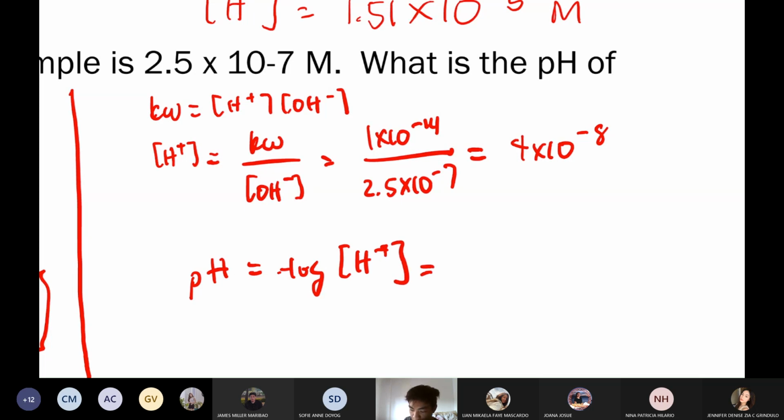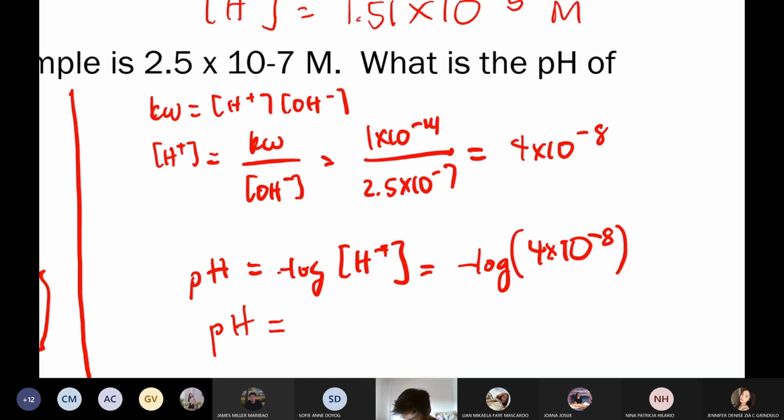And that's equal to negative log of 4 times 10 raised to negative 8. So we can solve for pH, that's equal to 7.4 then. Okay. 7.39, round off mo na lang, 7.4 din siya.